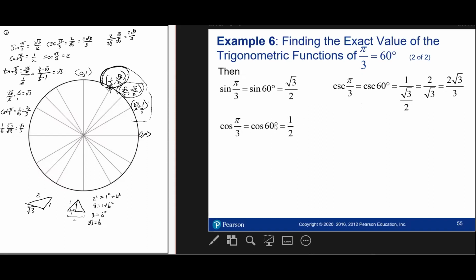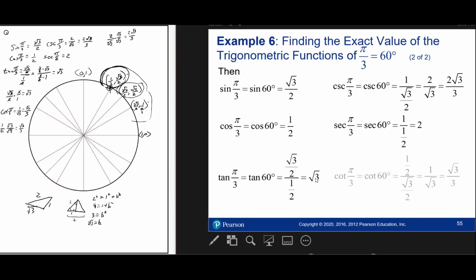And then cosine was the 1/2, and then you flip that fraction, take the reciprocal, which is 2. And this over this, the denominators are the same, so those go to 1, and you're just left with the square root of 3 over 1, which is square root of 3.